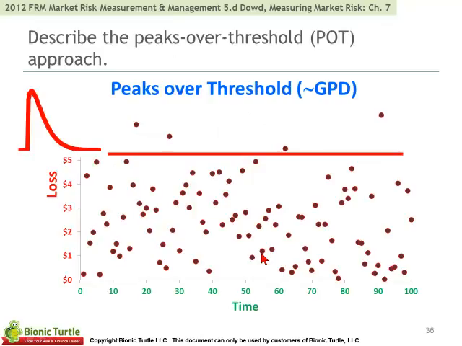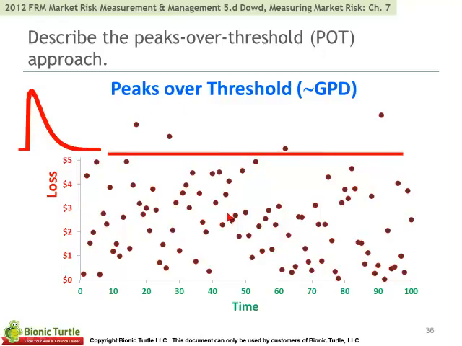And so we have two basic approaches here: peaks over threshold, which characterizes the GPD distribution. In the peaks over threshold, we take the history, we do not divide it up into time, we specify a threshold here, and then we're interested in losses above the threshold.